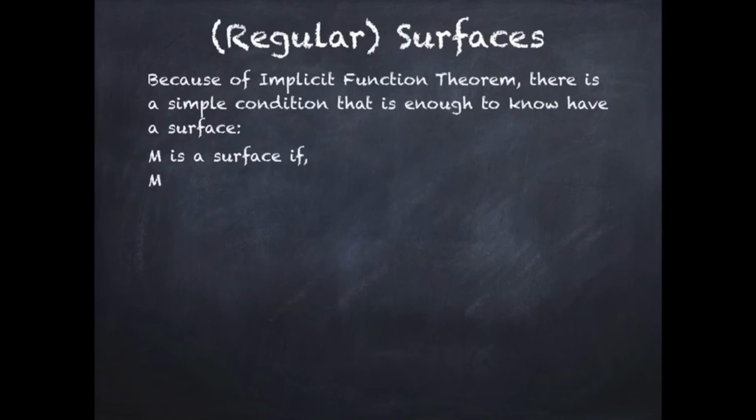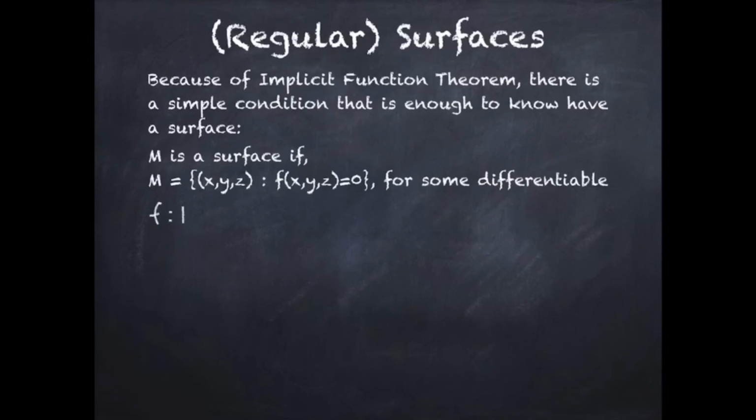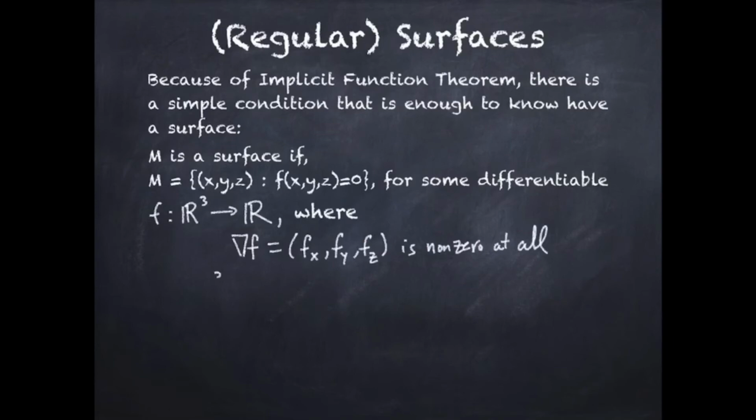So if you have a set M, and we're going to have that set be the set of points (x, y, z) so that some function f is 0 at those points, where f is a differentiable function and has the property that its gradient is not the 0 vector at every point of the set M. So at every point where the original function is 0, the gradient is not 0. If you have any set like this, then this makes a surface, a regular surface.